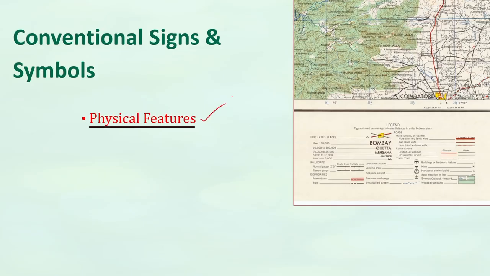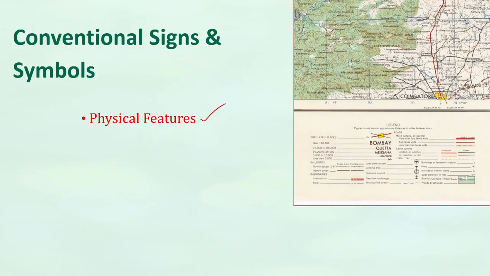Okay. In this class, I will be showing the conventional signs and symbols related to physical features. In the next class, I will be discussing the conventional signs and symbols related to man-made features, I mean related to social, economic, cultural, and we will also be discussing how to find gradient using the elevation data, height data and cardinal points.